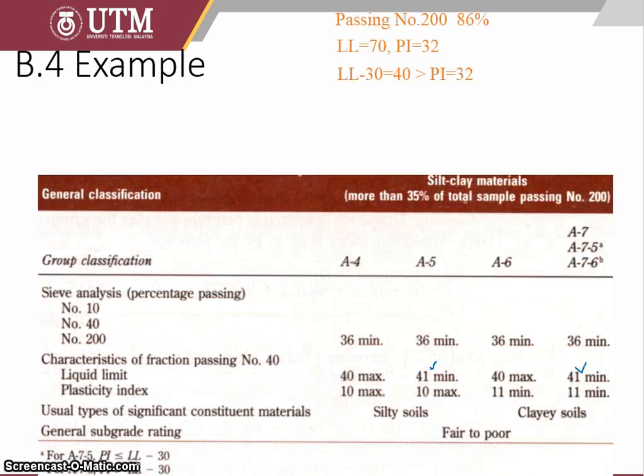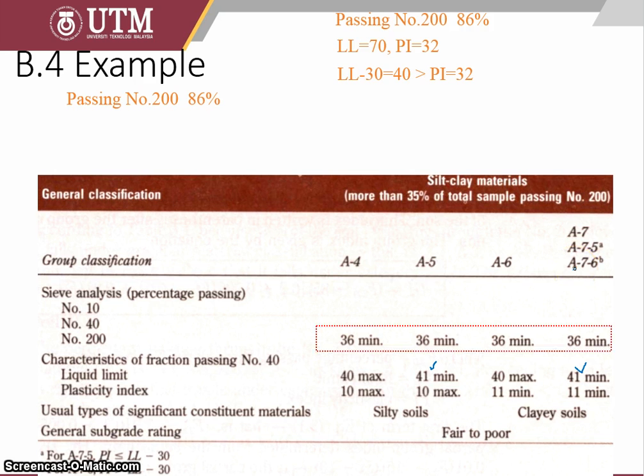Okay, so let's see an example. Let's say we have results from our laboratory test: passing number 200 is 86% with LL 70 and PI 32. From the table, when we know passing number 200 is 86%, of course it is automatically A4 to A7 to be chosen.